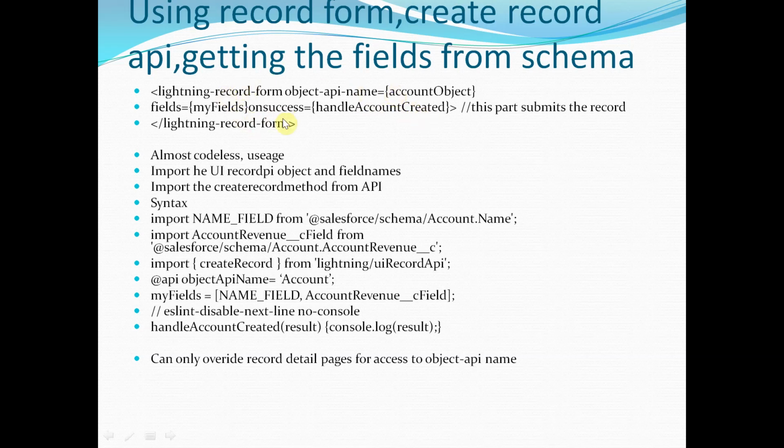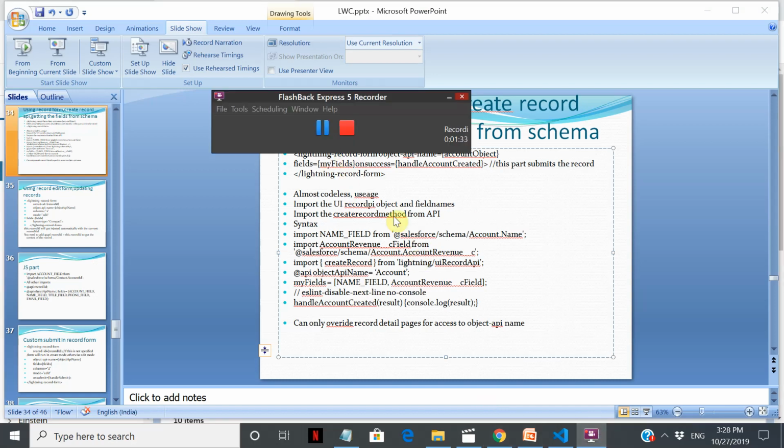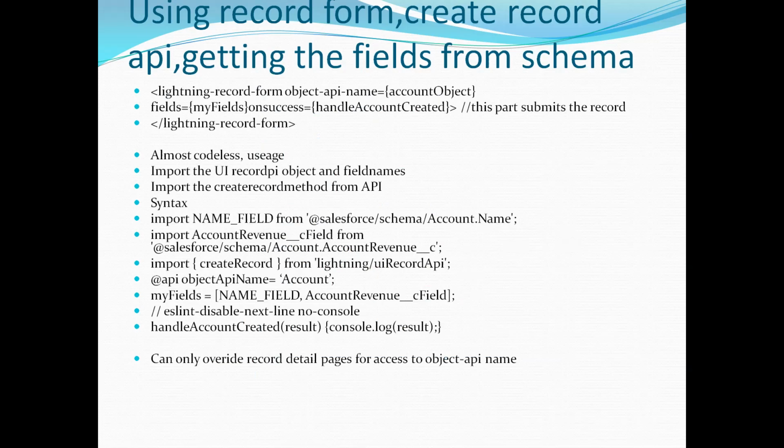To create this, we have to do a couple of things in the JavaScript. Basically, you have to import the UI record API object and the field names which are required. The most important part is you need to import the fields that you want into variables. If you want to update any important fields, required fields, you need to import them first.